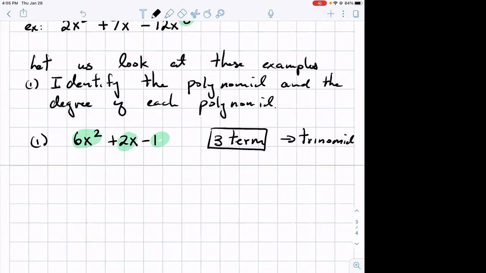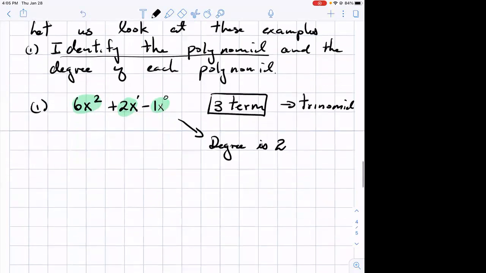So we have identified the polynomial. Now the degree of the polynomial. Well, the highest power here, because there is a power here of 1, and keep in mind the constant term has a power of 0. So the degree of this polynomial is 2, because it's the highest degree.